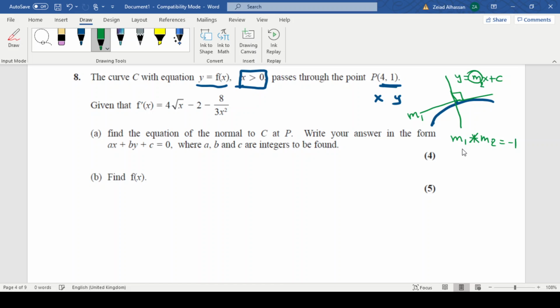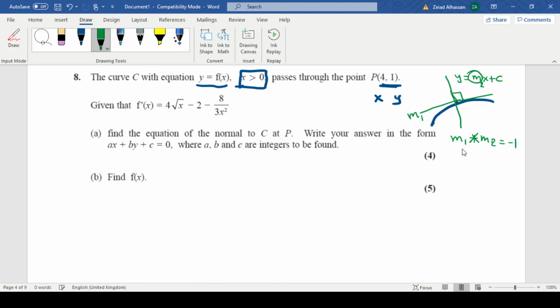Simplifying, f prime at 4 equals 5 over 6.